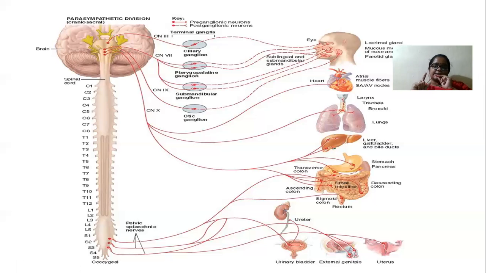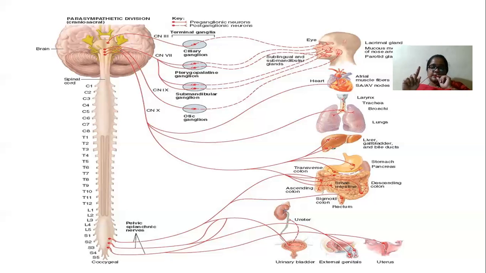The sympathetic nervous system extends from the 12 thoracic segments and 2 lumbar segments, so it is also called the thoracolumbar division. The parasympathetic division is the craniosacral division. This is the distribution of the parasympathetic nervous system.